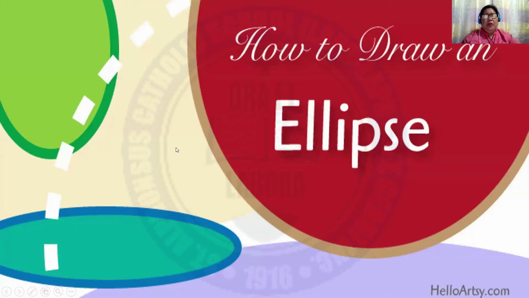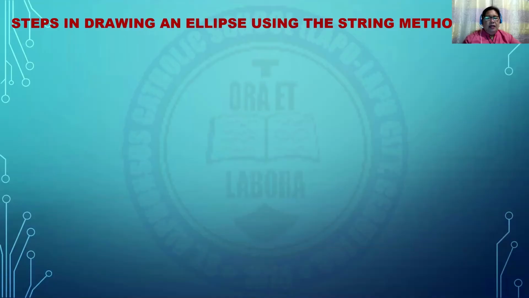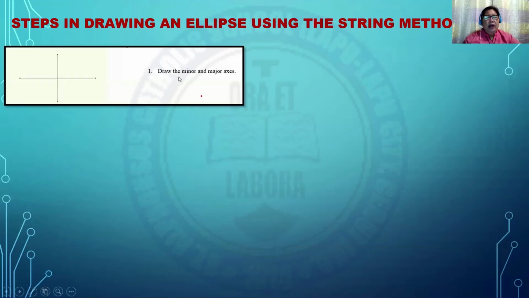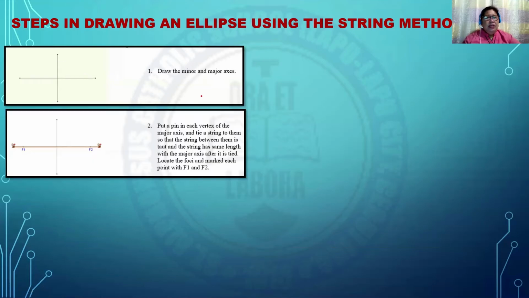Now, how to draw an ellipse? Let us have the steps in drawing an ellipse using the string method. Step 1, you have to draw the minor and the major axis. Step 2, you have to put a pin in each vertex, here and here, and tie a string to them so that the string between them is taut, and the string has the same length with the major axis after it is tied.